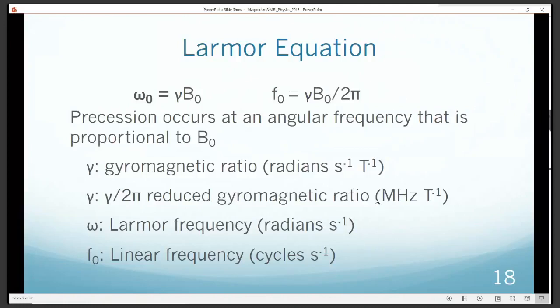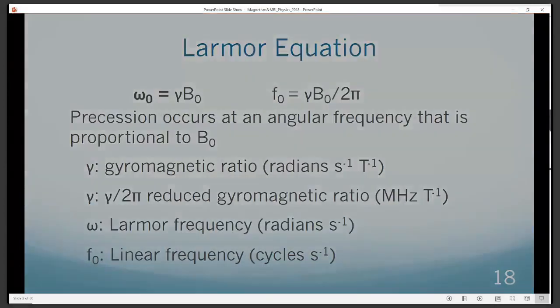The constant of proportionality that relates these two quantities is the gyromagnetic ratio, which has units of radians per second per Tesla. Gyromagnetic ratio is a characteristic of each individual nucleus, and therefore each nucleus will resonate at a specific resonant frequency called the Larmor frequency.